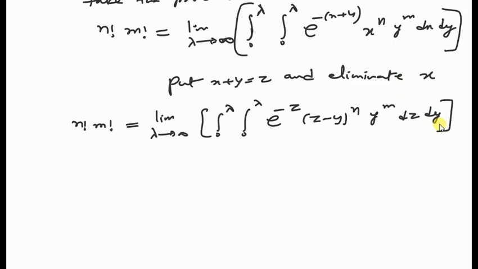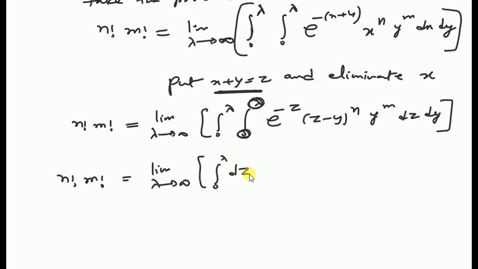Okay guys, one important thing, be careful here with the limits. How these limits will be changed, because we have introduced x plus y is equal to z, so the limits also will change here. I'll substitute what those limits are. So this can be written as n factorial m factorial limit lambda tends to infinity, integral 0 to lambda dz.